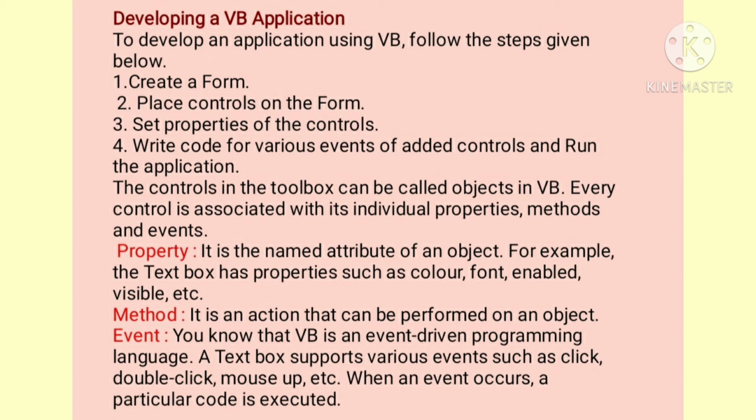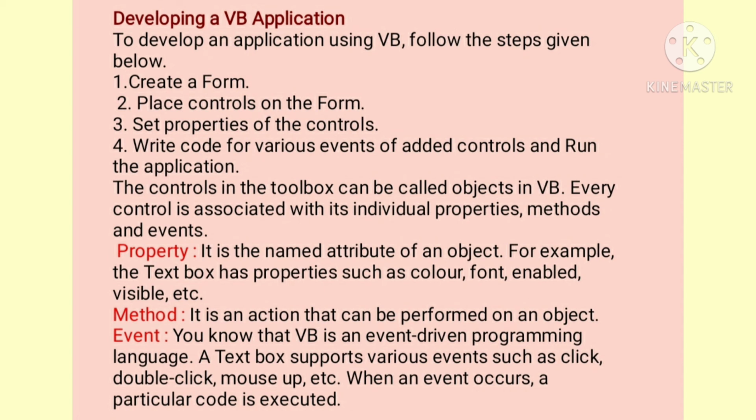Fourth, write code for various events of added controls and run the application. The controls in the toolbox can be called objects in VB. Every control has its own properties, methods, and events.